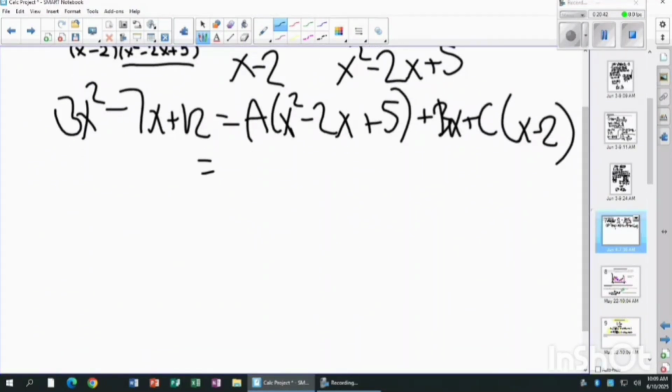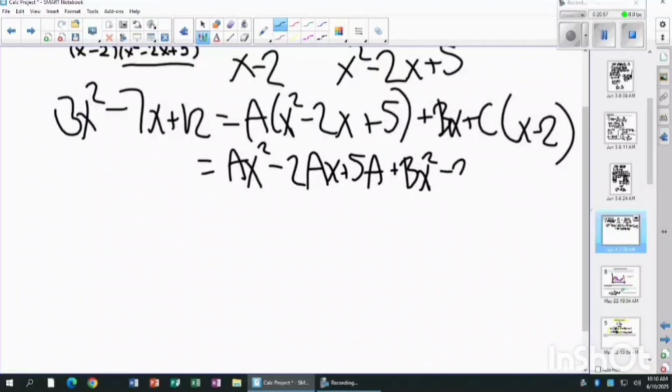Okay. So 3x squared minus 7x plus 12 equals ax squared minus 2ax plus 5a plus bx squared minus 2bx plus cx minus 2c. That's a little messy. It's okay.